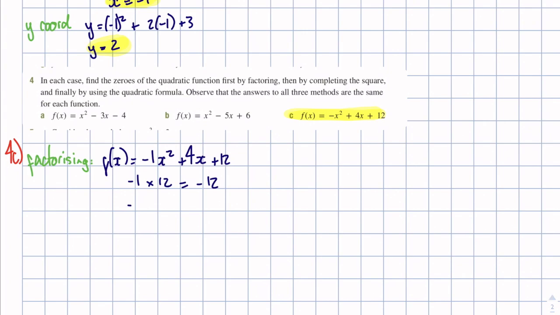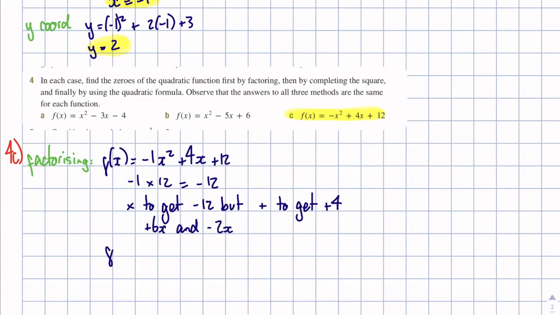So now we're looking for what multiplies to give negative 12 but adds to get positive 4, because that's the number in the middle. Positive 6 and negative 2. Positive 6x and negative 2x.